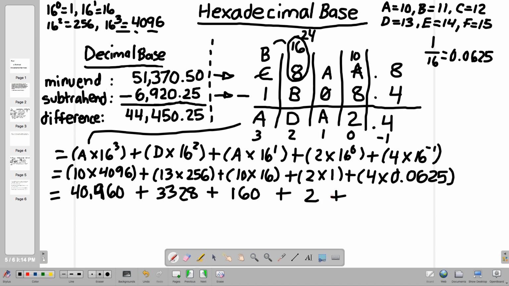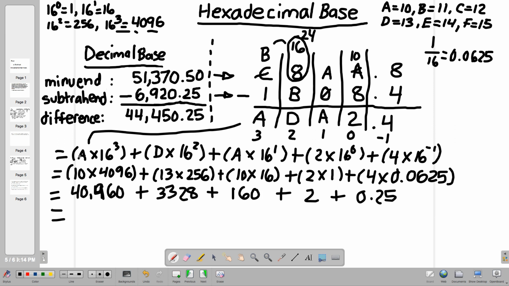And then 4 times 0.0625 is the same as 0.25. And this is the value, let's see, add it up. It's 40,960 plus 3328 plus 160 plus 2 plus 0.25.